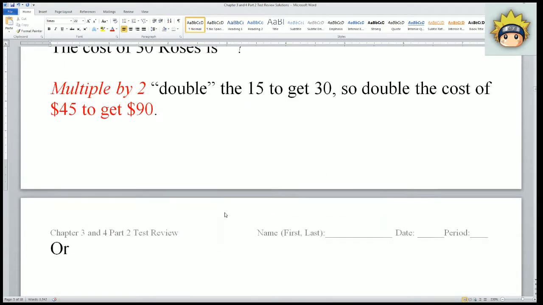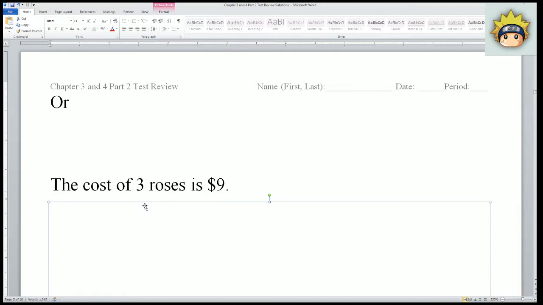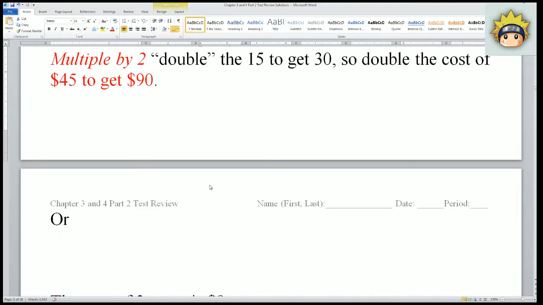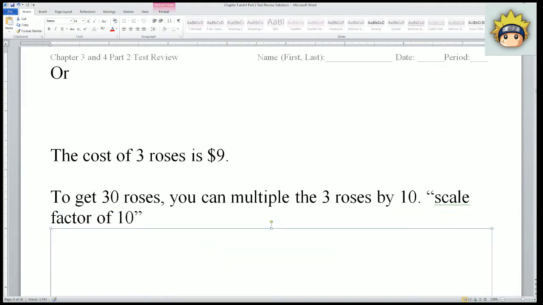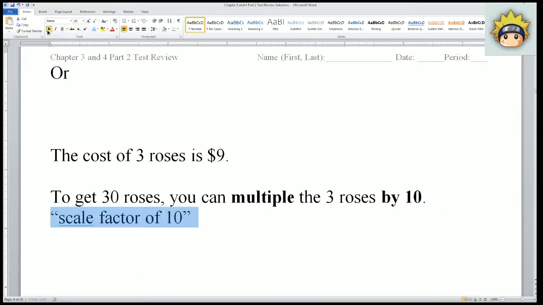There's another way of doing it. The cost of 3 roses is $9 right here. And how do you get to 30 roses? To get to 30 roses, you can multiply 3 roses by 10. This multiplying by a number is referred to as the scale factor of 10.